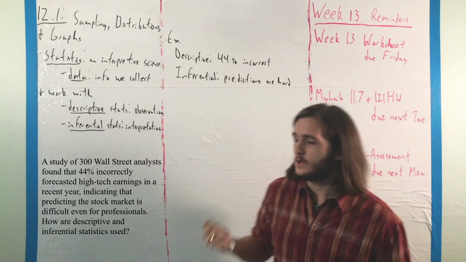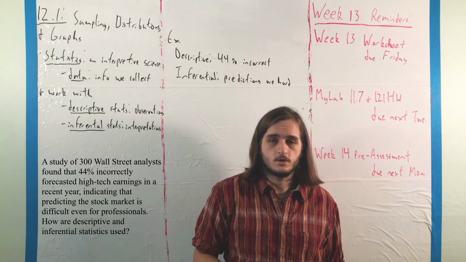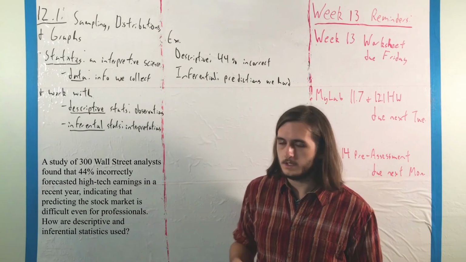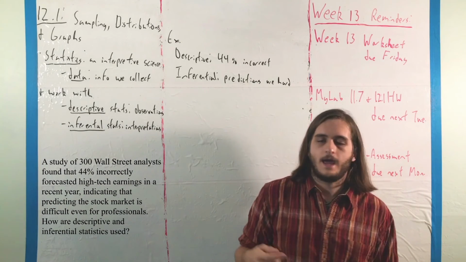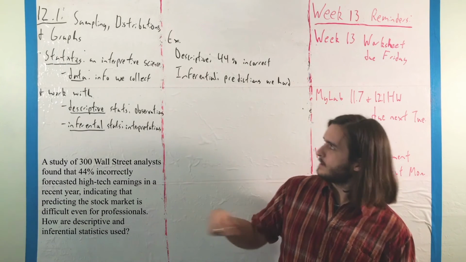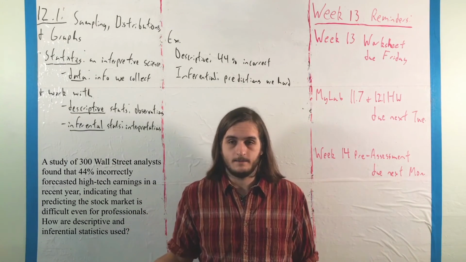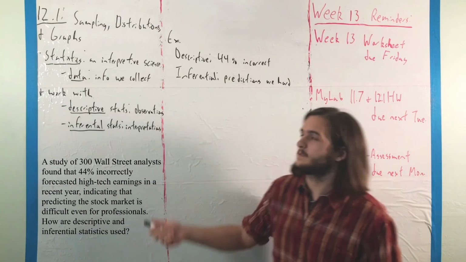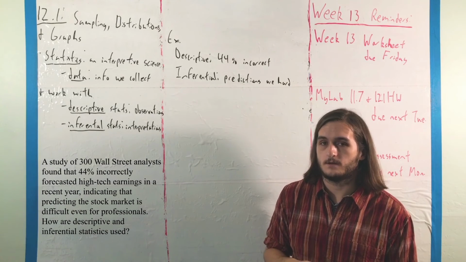And when you're trying to draw some sort of conclusion, you want the conclusion you're drawing to seem well argued, to have lots of evidence for it. And that's where those descriptions come into play, is having good numbers that you can plug in there to show someone, hey, this is why I'm saying what I'm saying here. This is why I'm saying that predictions are difficult, because 44% got them wrong.